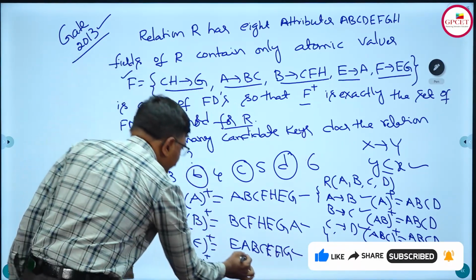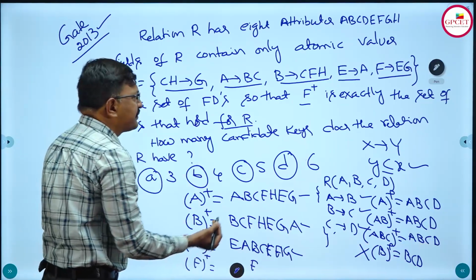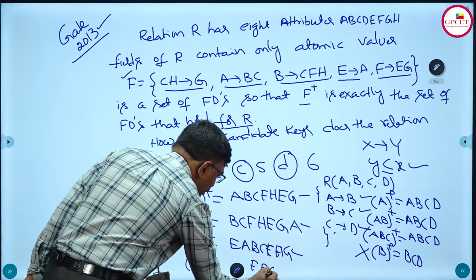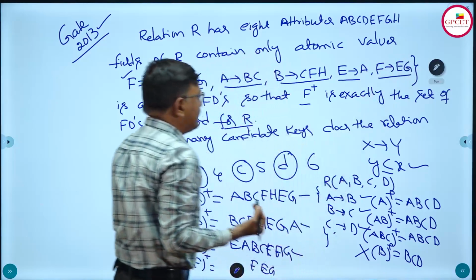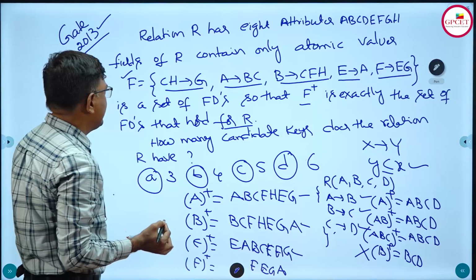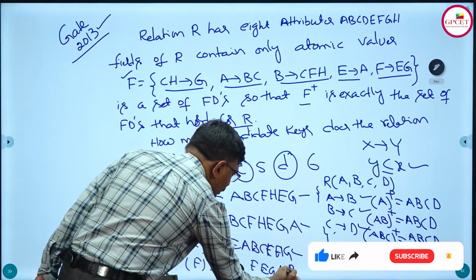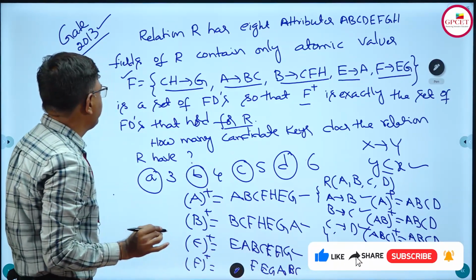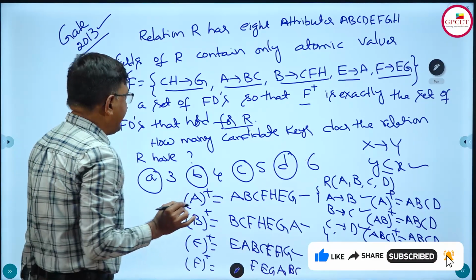F closure, what is an F closure? F derives EG, that is EG is there. E tends to A, and then A tends to BC.